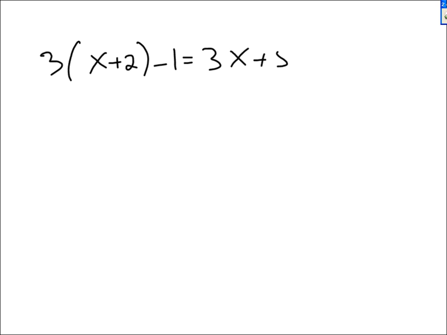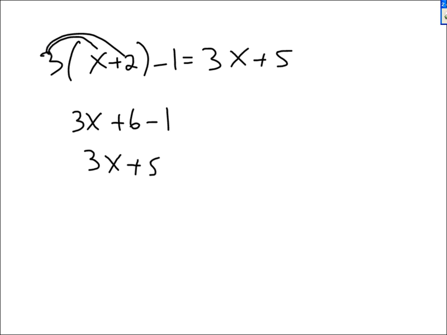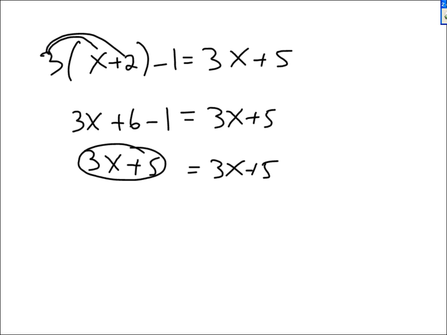Suppose you have this. This is an identity equation because when you clean up the left side, you get 3x plus 6 minus 1. 6 minus 1 is 5. Still equals the right-hand side. This and this is exactly the same.